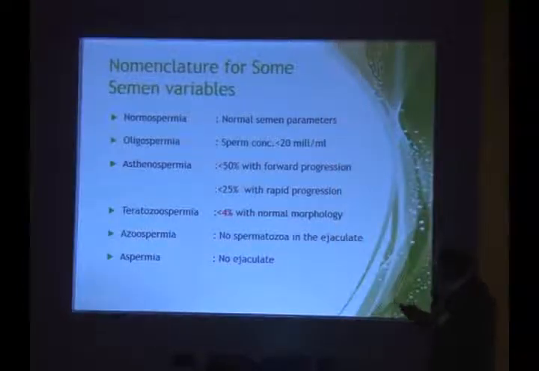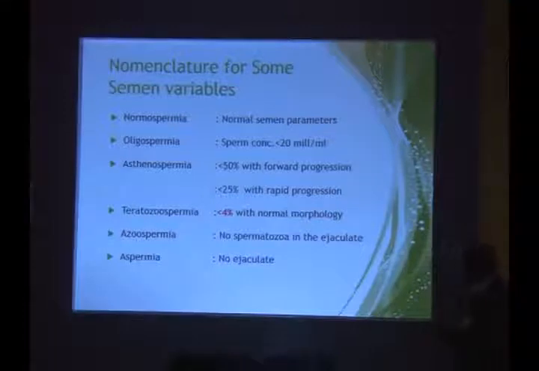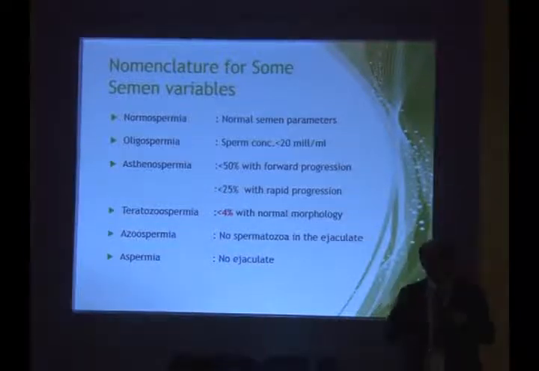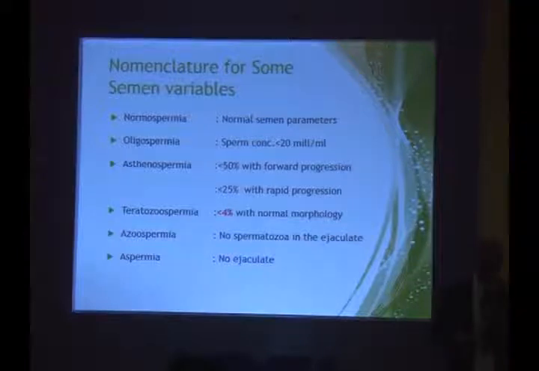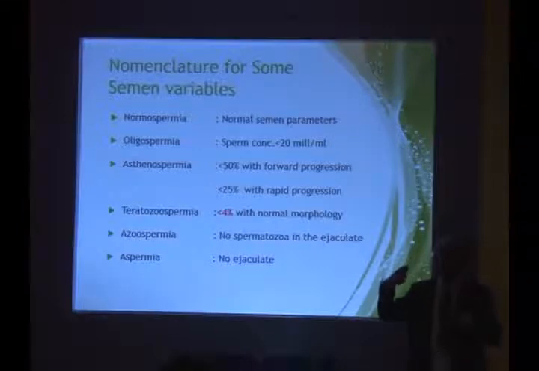These are various nomenclatures. Oligospermia is less of sperms, asthenospermia is less of motility, teratospermia refers to morphological abnormalities. Azoospermia is volume normal, fructose normal, pH alkaline, sperms absent, as in cases of post-vasectomy samples, as in the cases where there is an obstruction at the level of epididymis.